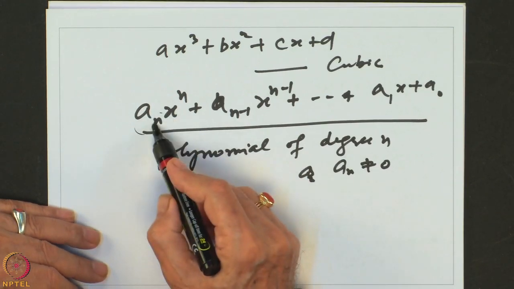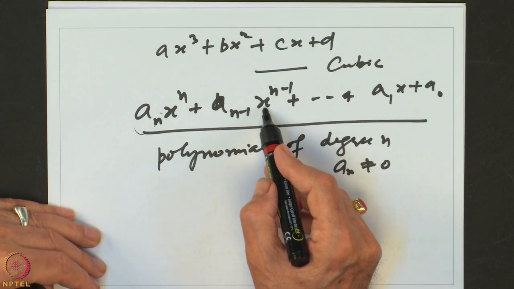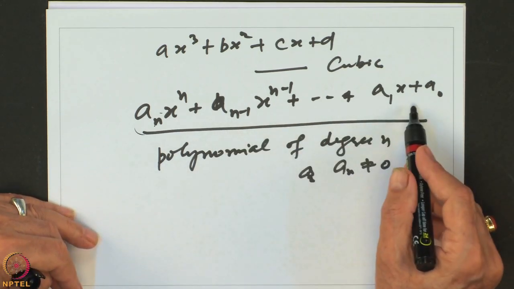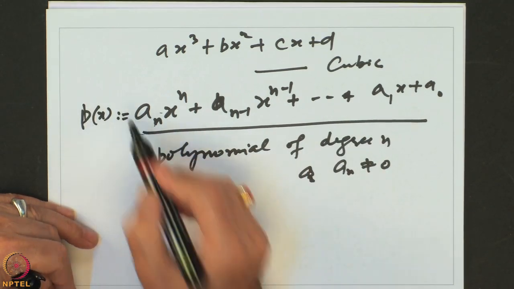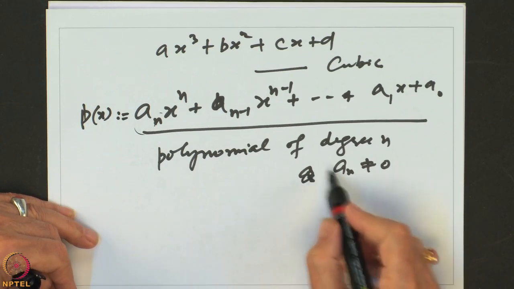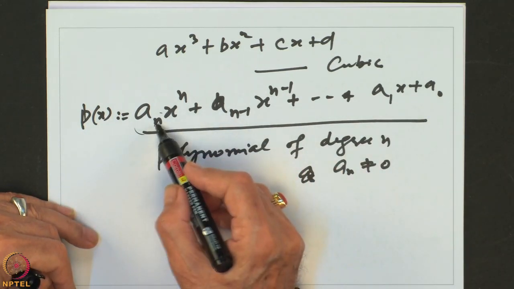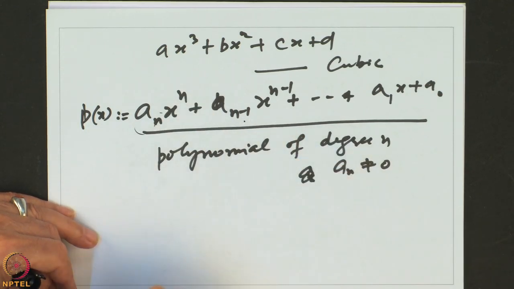So, a n is called the coefficient of x to the power n, a n minus 1 is called the coefficient of x to the power n minus 1 and so on. These are the coefficients. This is what is called a polynomial p of x. a n should not be equal to 0, because if it is 0, then it starts only with power n minus 1.